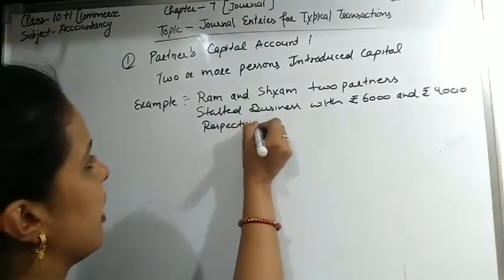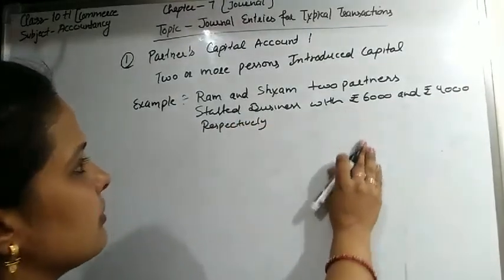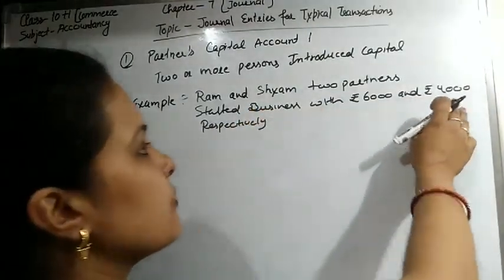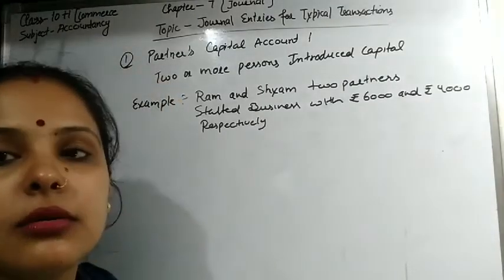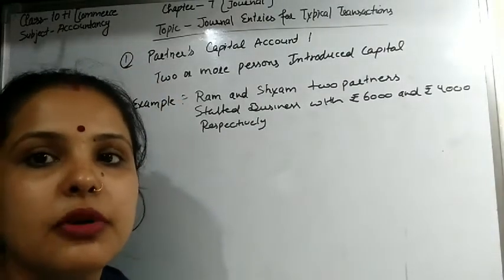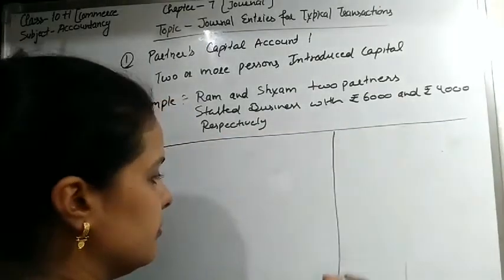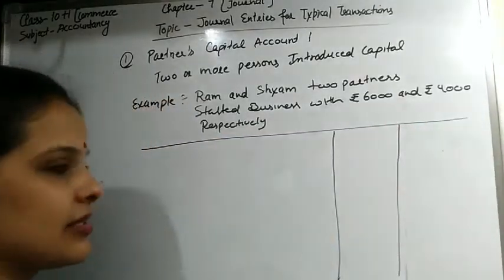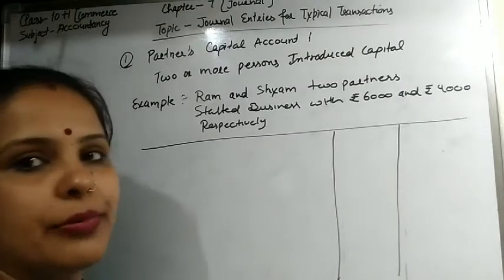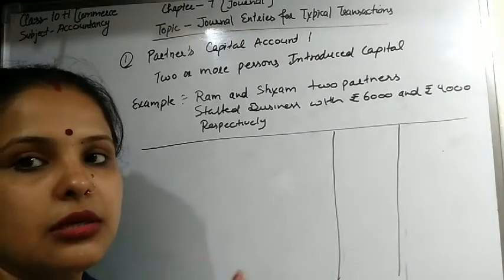Means Ram introduced rupees 6,000 and Sham introduced rupees 4,000 to start their partnership firm. At that time, students, mostly you pass the journal entry like cash account debit to capital account, when there is a single person introducing capital.